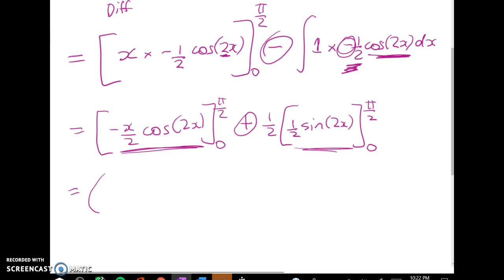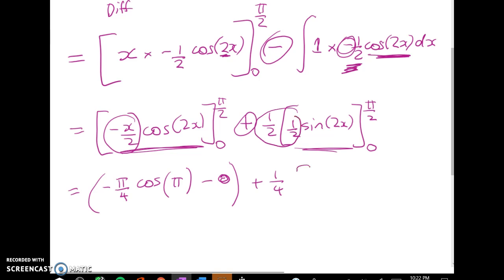So this first one is negative pi on 4 cos of 2 pi on 2, which is cos of pi, minus 0. It's minus 0 because that term is 0, plus 1/4 of sine of pi minus sine of 0.